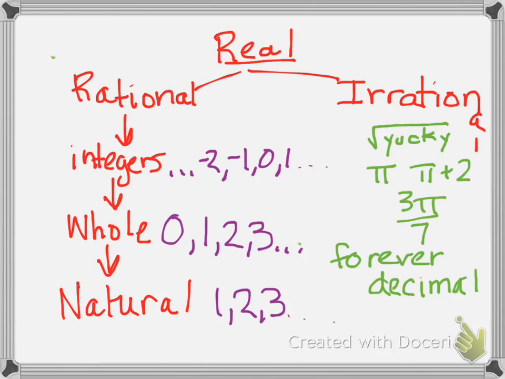What's the lowest entry where 7 can fit? Natural. So 7 is natural, and then going up, it's also going to be whole, integers, rational, and real. Very good. All right, let's think about the -5. Where does he start? Integers. So integer and rational and real.